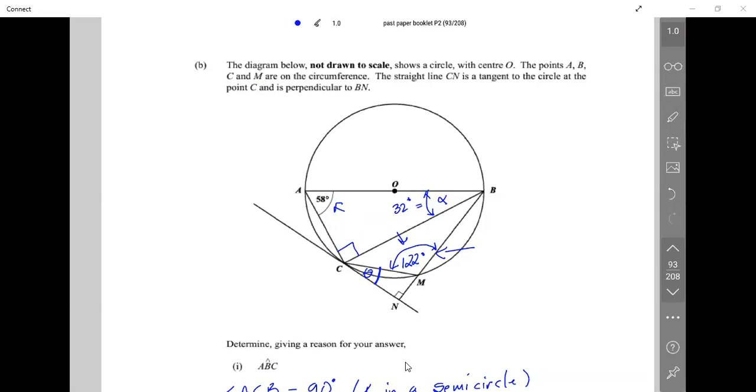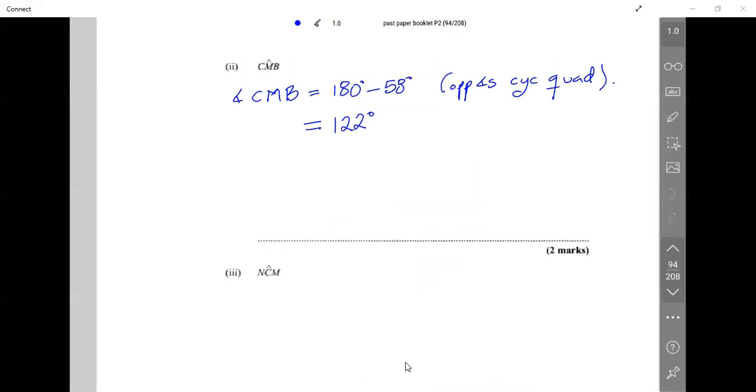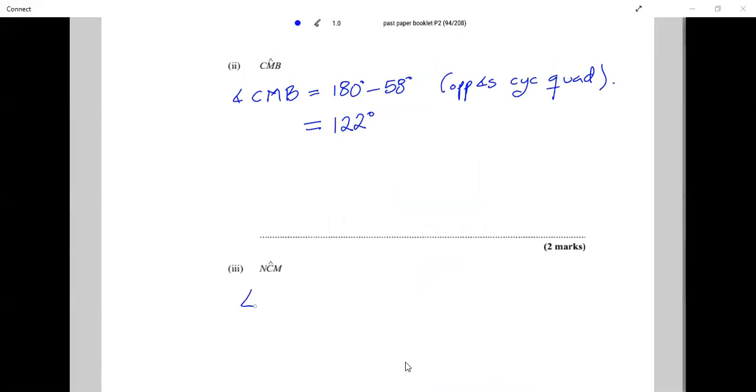So I can then say angle NCM is equal to 122 degrees minus 90 degrees. Why?